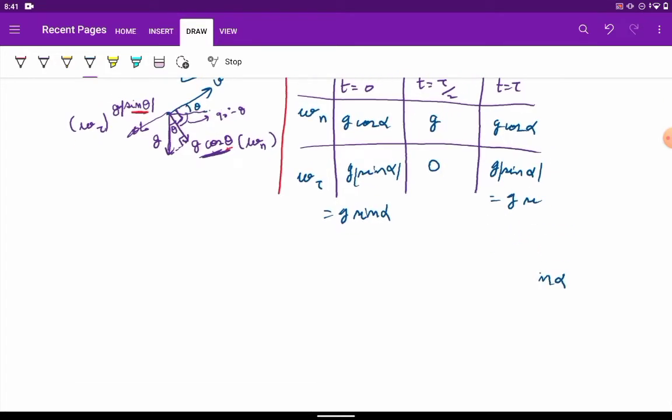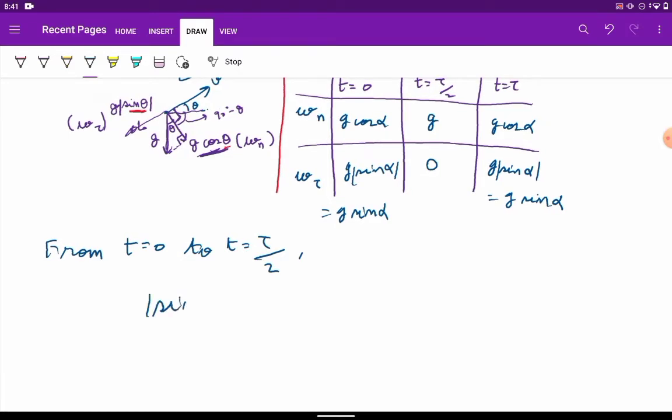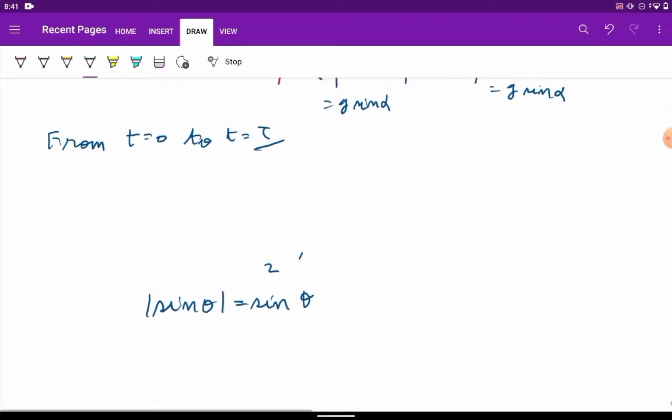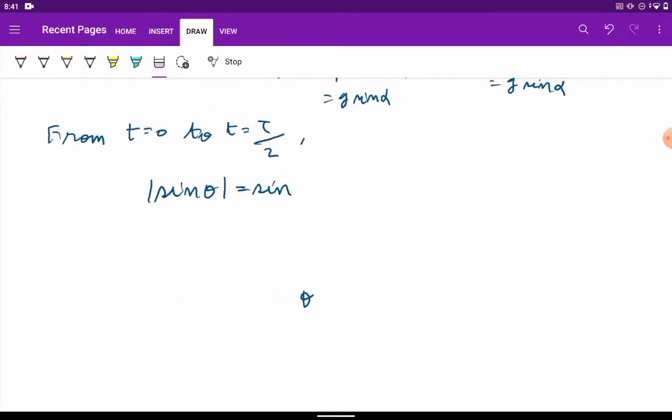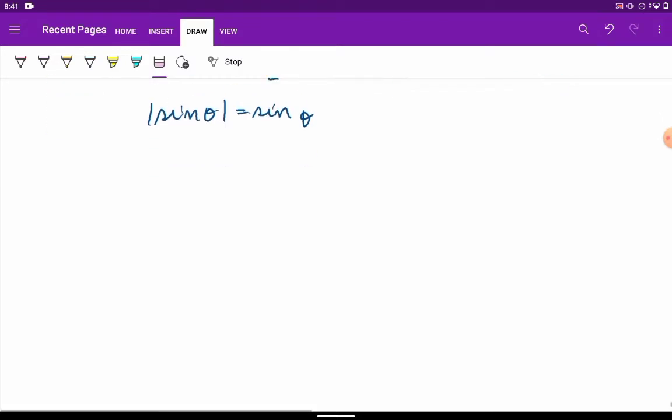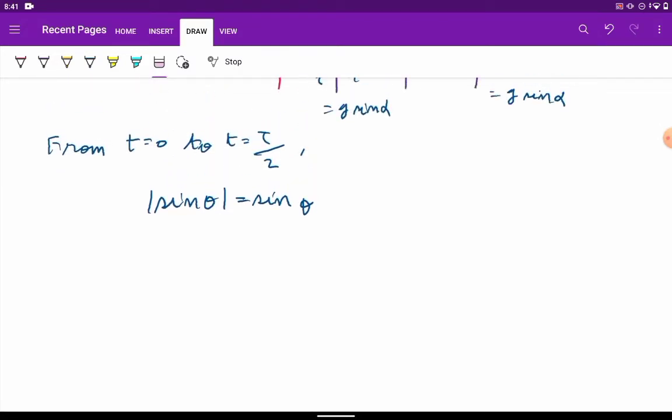I'm just saying from t equal to 0 to t equal to tau by 2, mod sin theta is equal to sin theta, because these angles are between 0 and pi by 2. Just wanted to mention this.